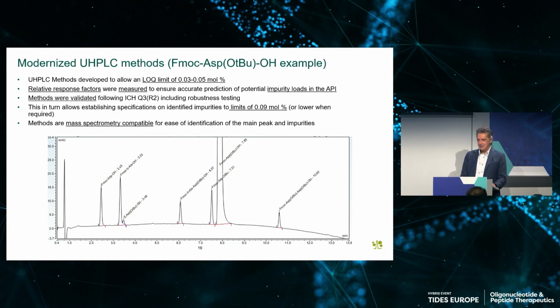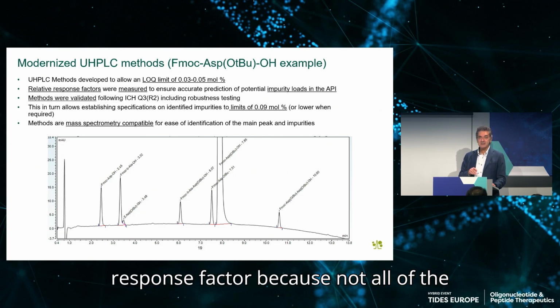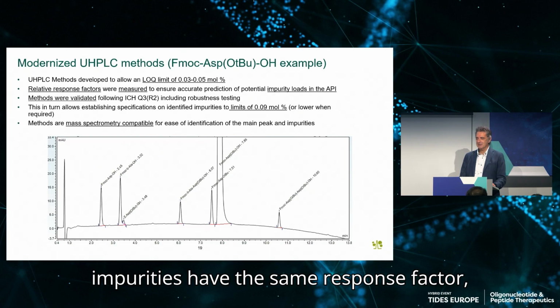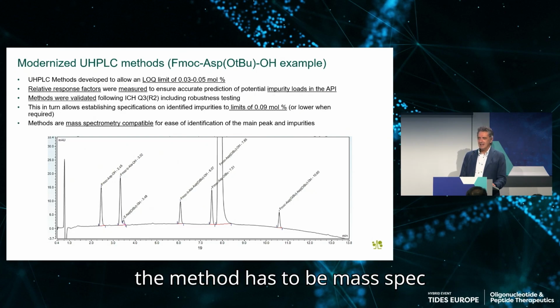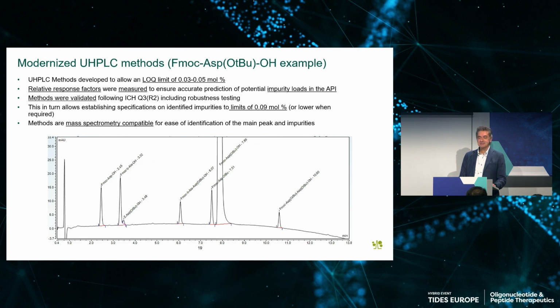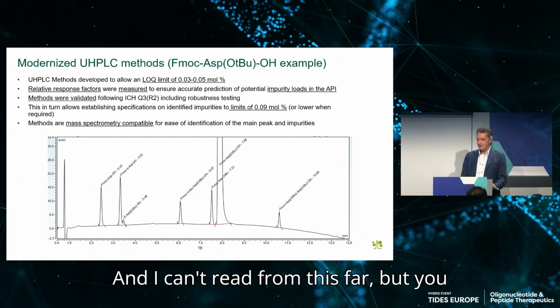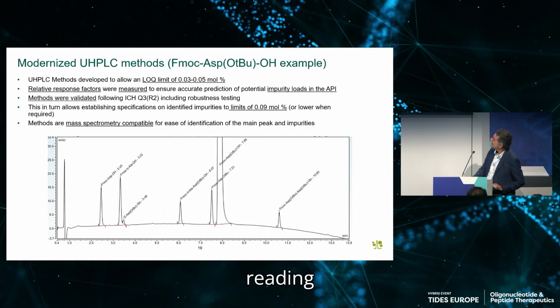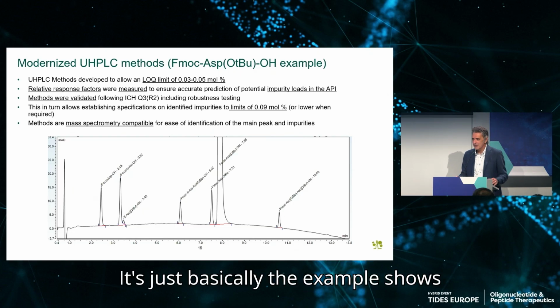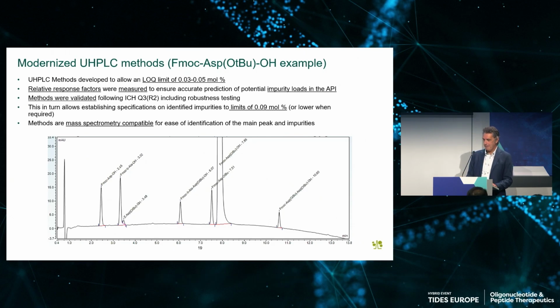The impurities are measured as a relative response factor because not all of the impurities have the same response factor, obviously. And the method has to be mass spec compatible so we can identify them. I can't read from this far, but you probably have a better chance of reading. The example basically shows that we have separated all of the impurities from the main peak.